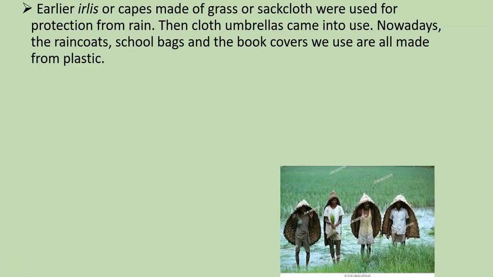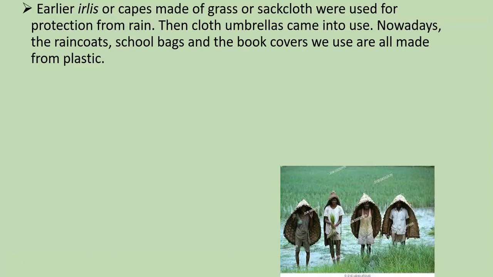Then someone found out about cloth umbrellas. And nowadays, plastic raincoats and umbrellas are used. So, my dear students, by making use of these raincoats and umbrellas, we have made our lives easier compared to people in earlier days.